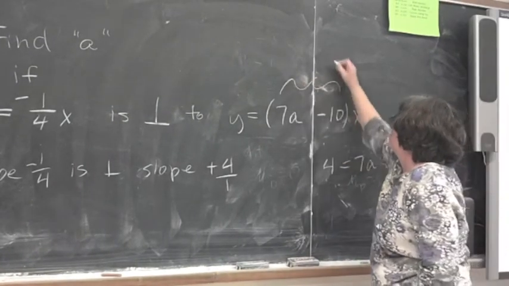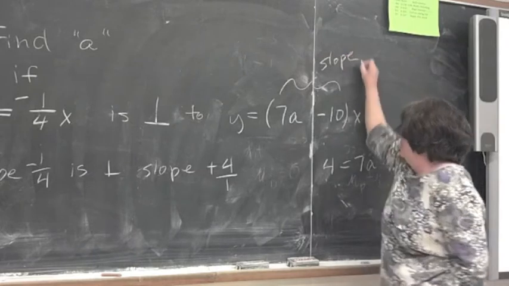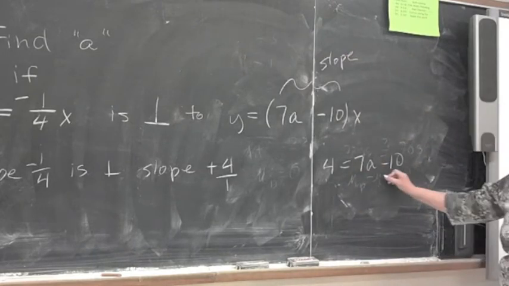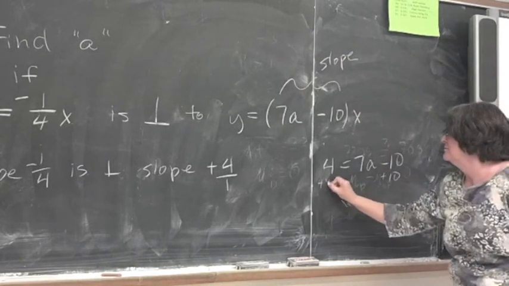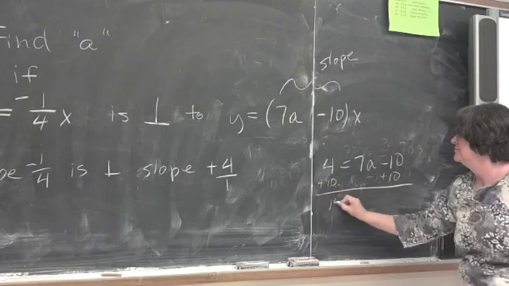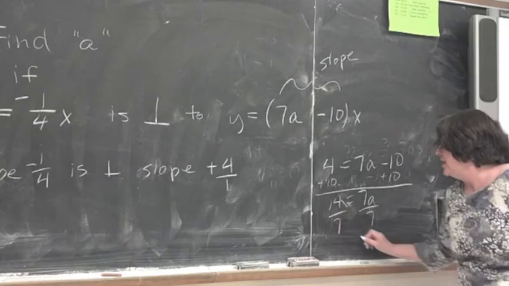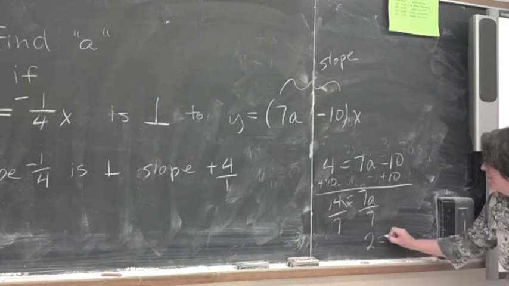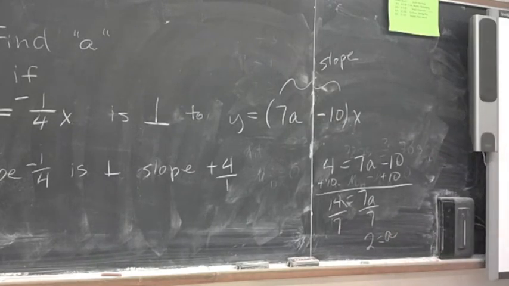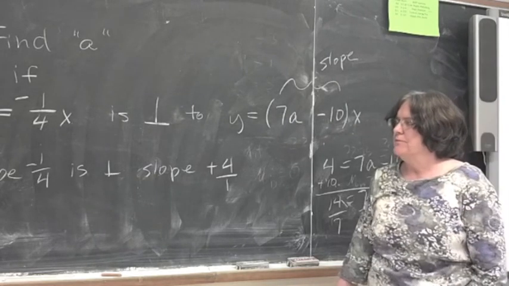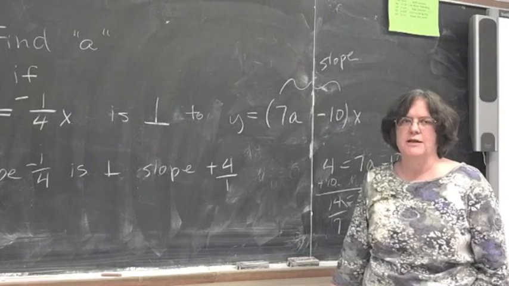That's going to be our new slope. Add 10. Divide by 7. And right on the very bottom of the blackboard, we have a equals 2. And that's just one little trick problem. We're going to do more with this, lots more, I promise.